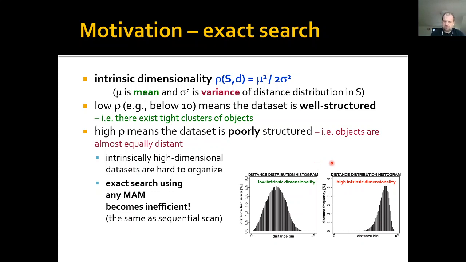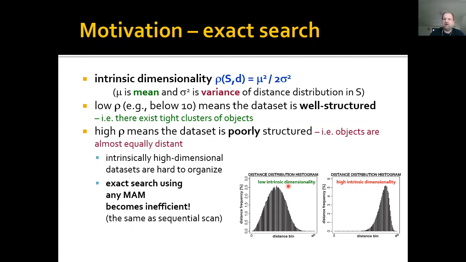Of course, this number is not bounded on the right side of the interval. There is no bound. It's basically a measureless number. It doesn't mean that it's really dimensionality like in the Euclidean sense, but for uniformly distributed Euclidean data, it roughly matches.